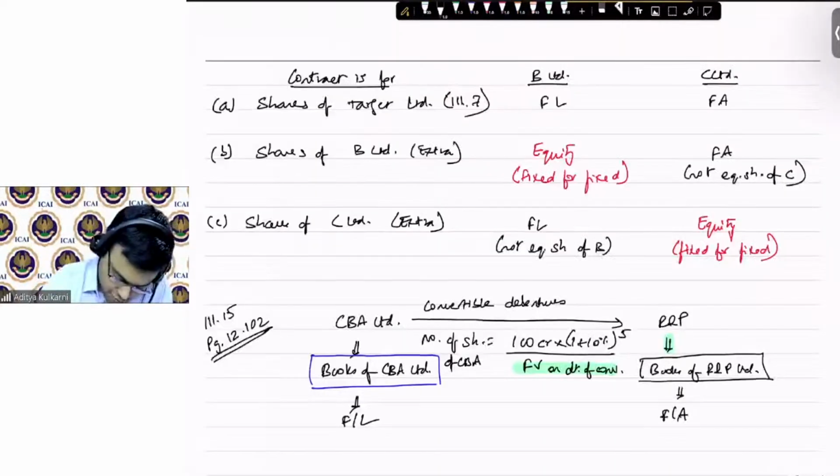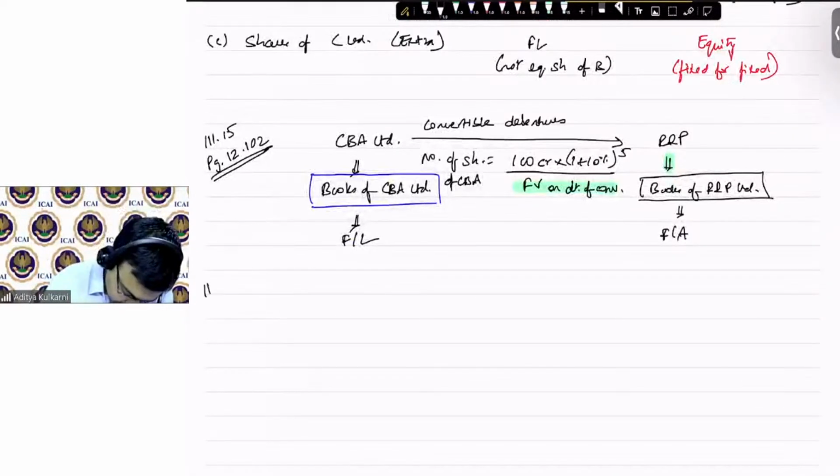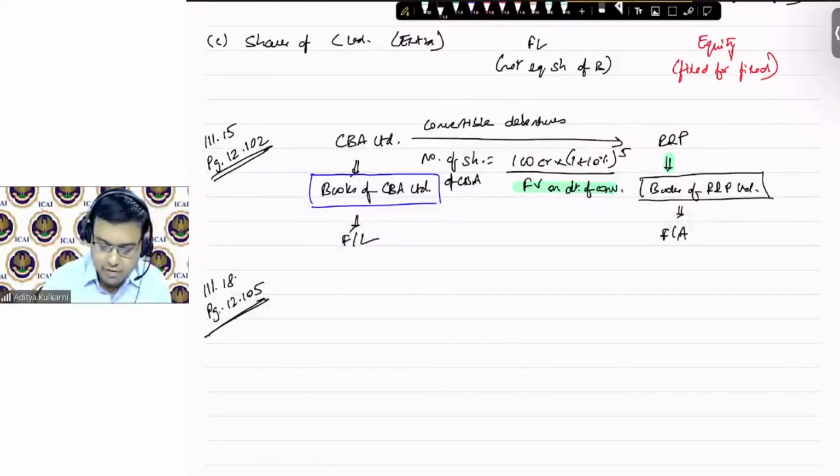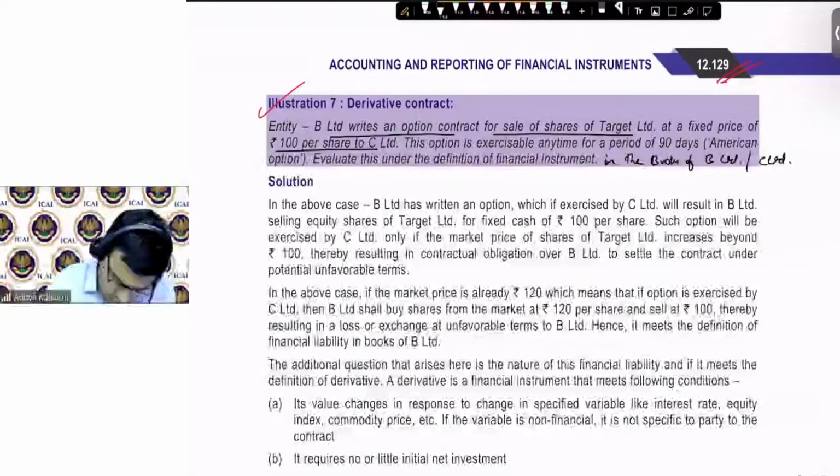Okay. So first thing, this is illustration 18, page 12.105. So now let us first understand the facts of the question, and then we shall proceed further.